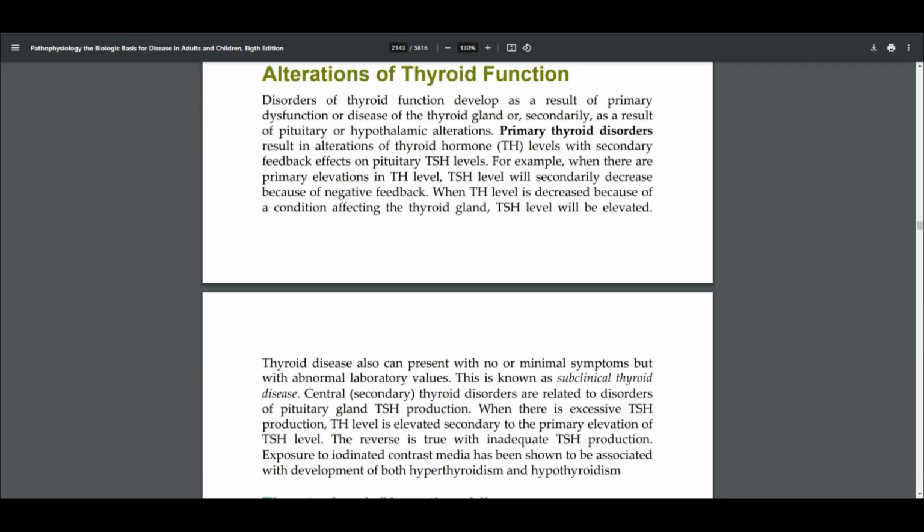Primary thyroid disorders result in alterations in thyroid hormone level with secondary feedback effects on the pituitary TSH level. For example, when there are primary elevations in TH level, TSH level will secondarily decrease because of negative feedback.